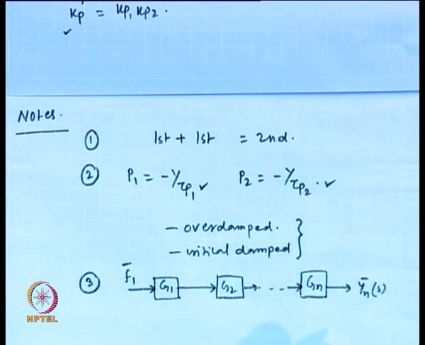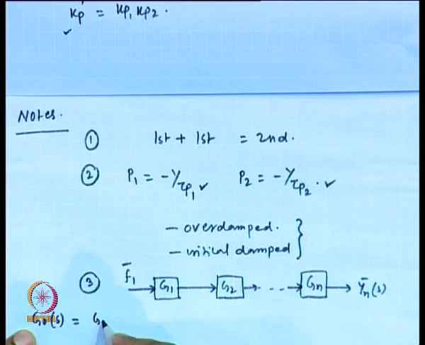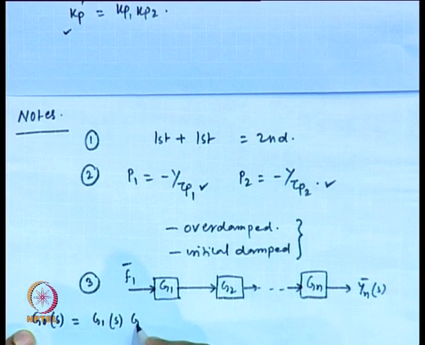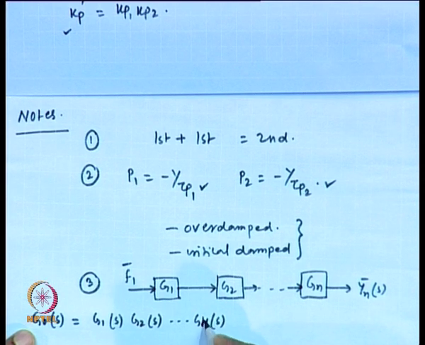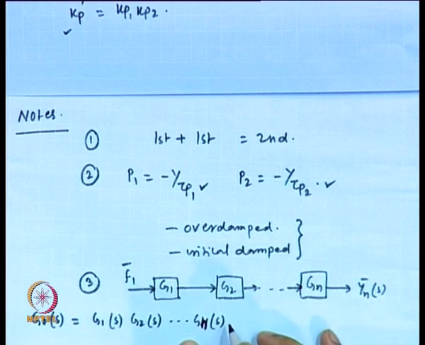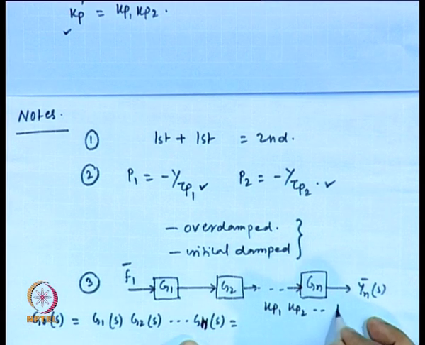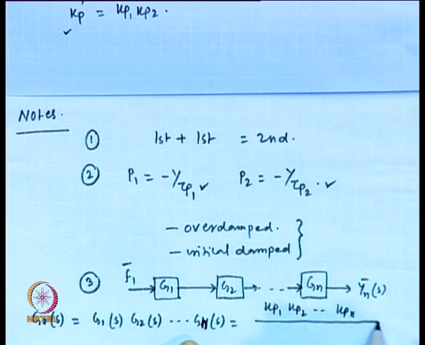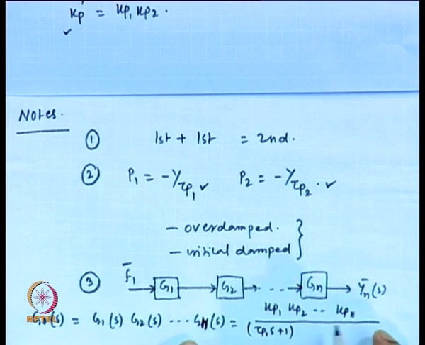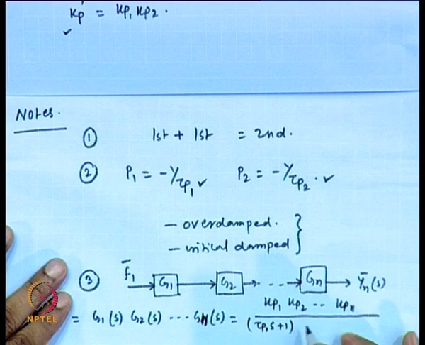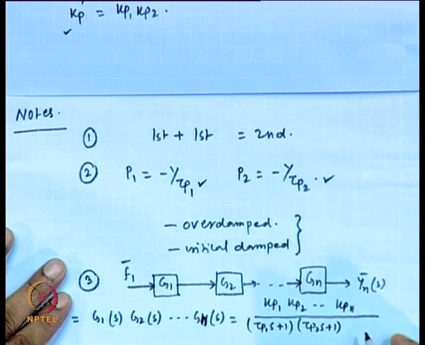So, overall we can write Z naught S equals Z 1 S, Z 2 S, Z small n S equals K p 1, K p 2, K p n divided by tau p 1 S plus 1, tau p 2 S plus 1, like this tau p n S plus 1.